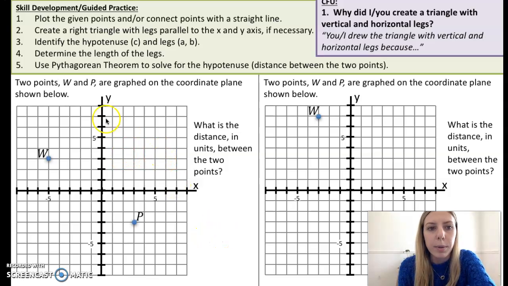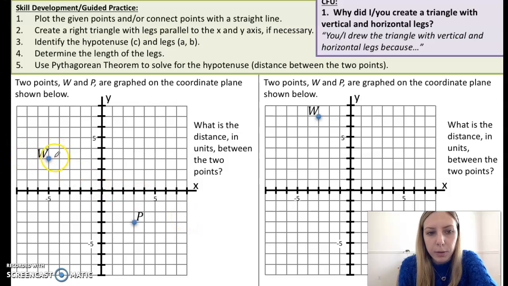So the first step, I'm going to read it to you. Number 1, plot the given points and/or connect points with a straight line. So I see that the points W and P are already plotted for me. So my first step is going to be connecting these points with a straight line. So I'm going to take my pen.